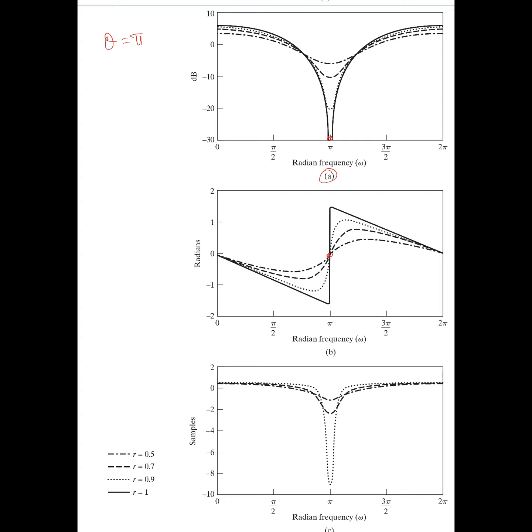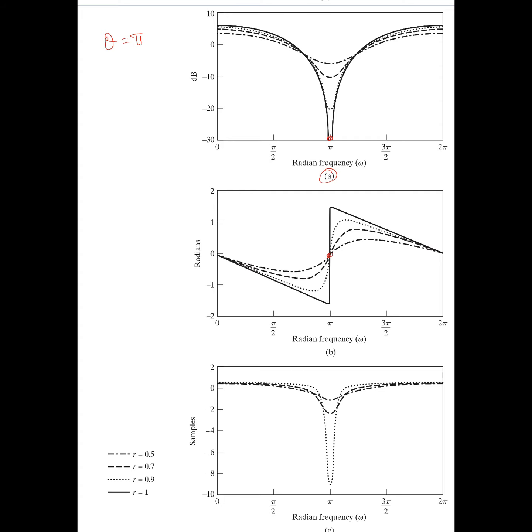As we move away from omega equal to theta, the group delay becomes positive and relatively flat. These are a couple of analyses which will be helpful when we design frequency selective filters.